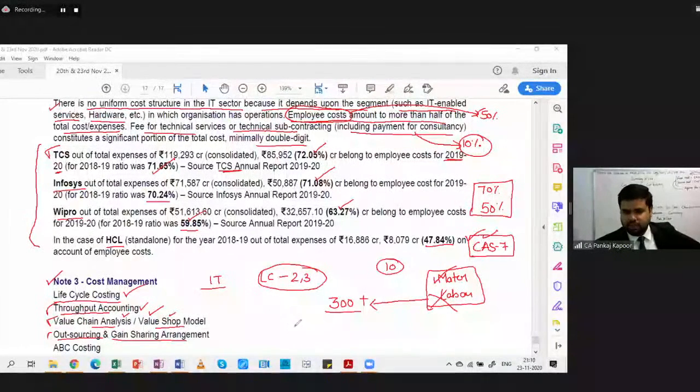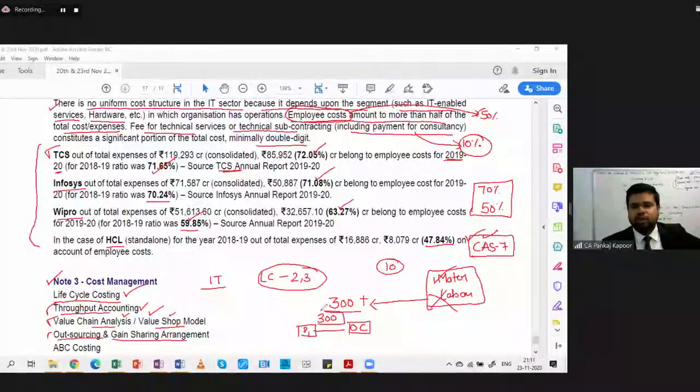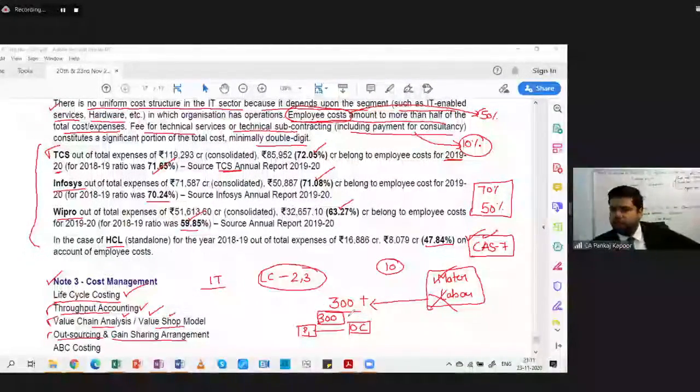Take an example here. I outsource process one to the outsource contractor. The contractor says, okay, we will charge you 300 rupees for each unit or each hour.